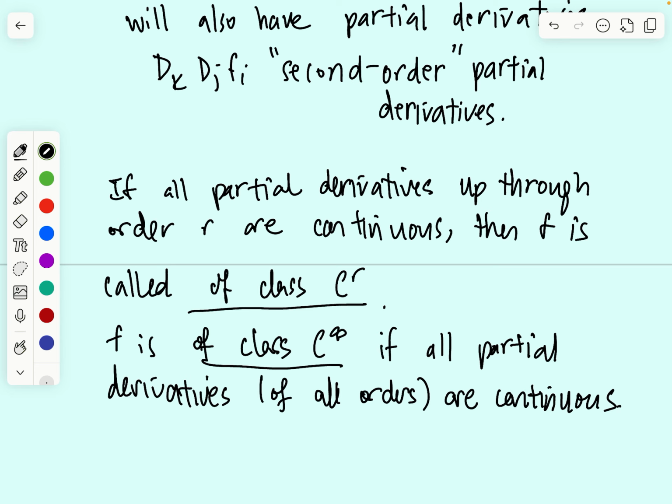Okay, but the point I'm trying to make is that if you assume that a function is C^r and not necessarily C infinity, then it strengthens the statement of the theorem.